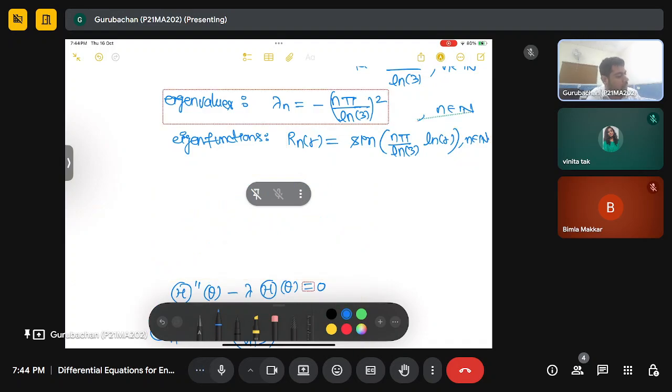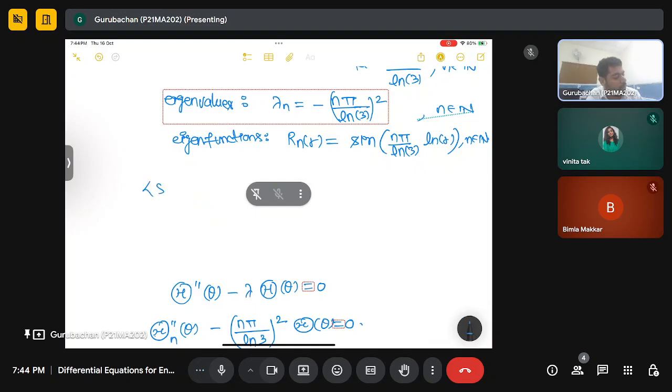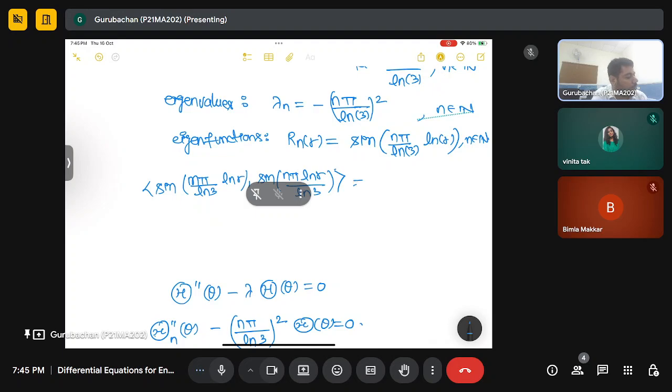So the inner product will be defined like this: sin(m pi ln r by ln 3) times sin(n pi ln r by ln 3), this inner product will be from 1 to 3, with weight 1 by r, this function.